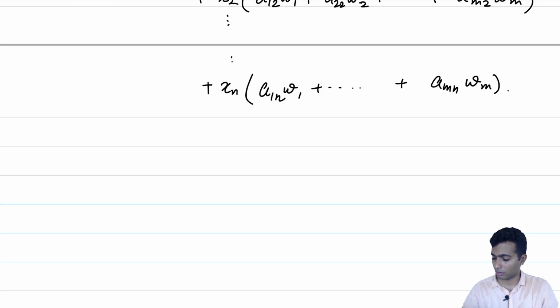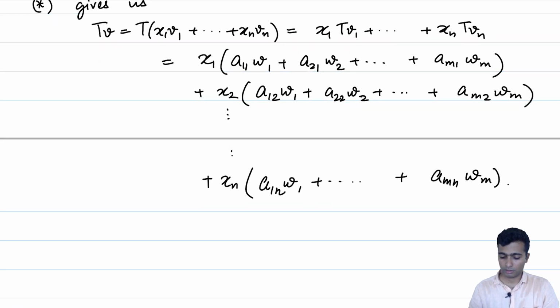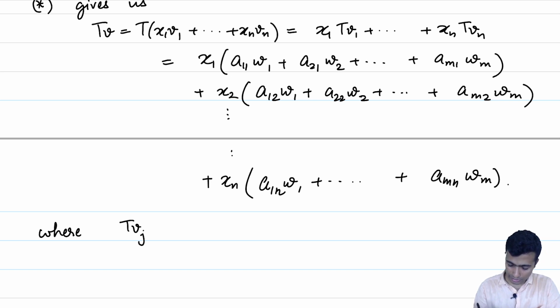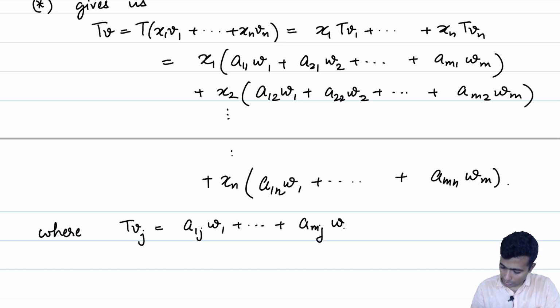This is how Tv can be written. So, let me just write down, Tvj is equal to a1j w1 plus dot dot dot plus amj wm.